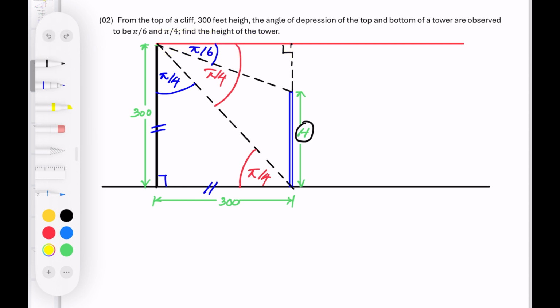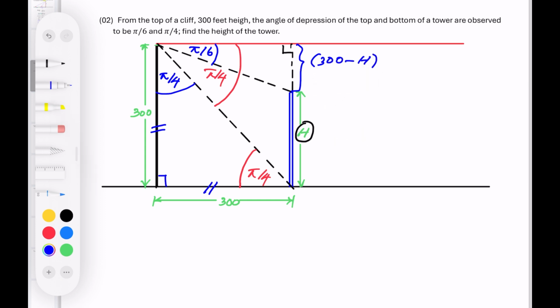Now we can quite easily find the height right here. What should be that height? That height is equal to the complete height right here minus the height of the tower. Since the complete height is 300, the height right here should be equal to 300 minus h.